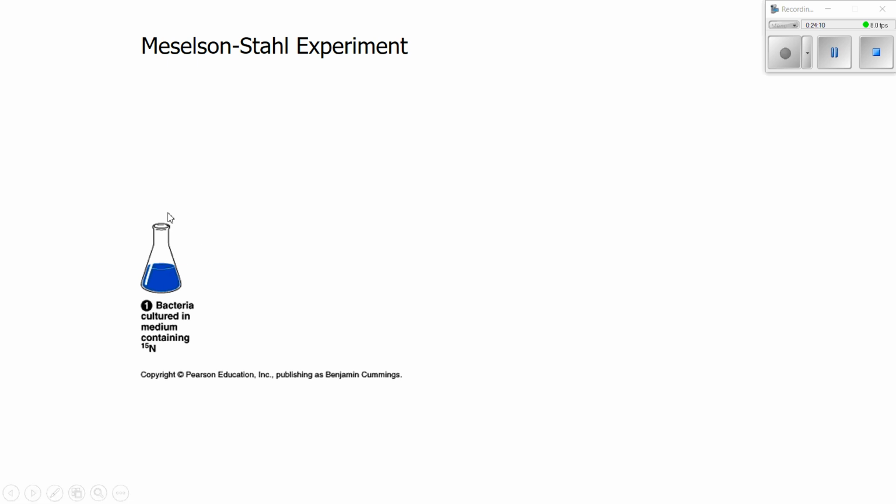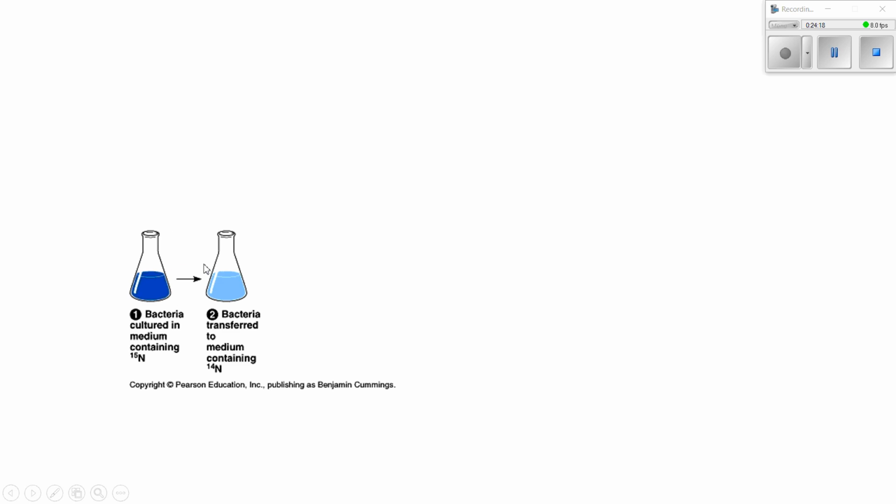So here is the container containing the heavy isotope of nitrogen. This is where the bacteria started out, and then eventually bacteria were transferred over to this other container with light nitrogen. And remember, once they got into the new light nitrogen, they were left in there for 20 minutes or 40 minutes.